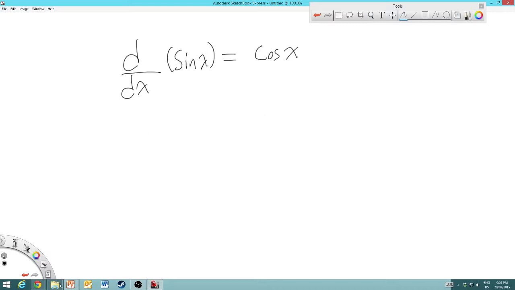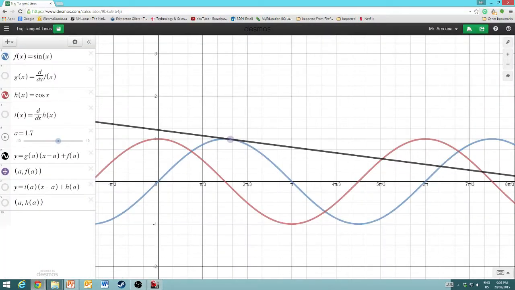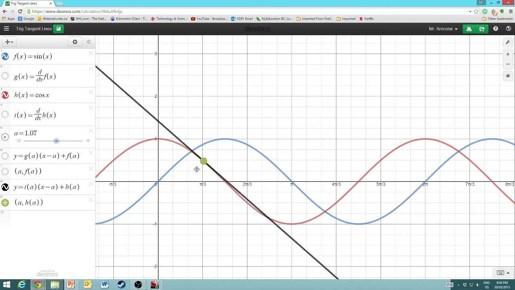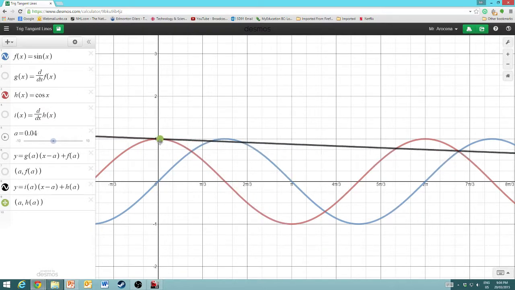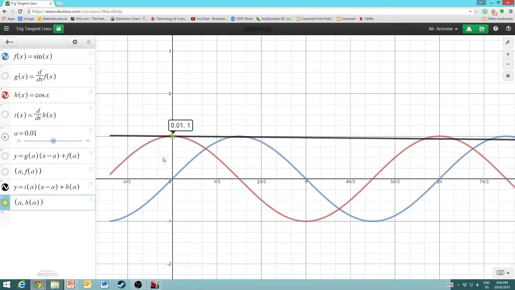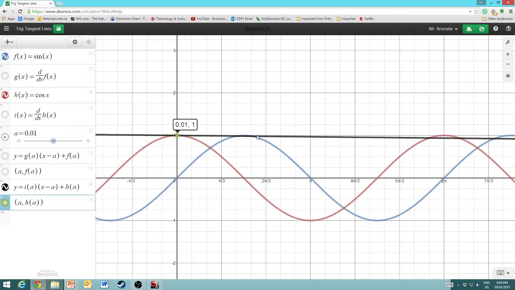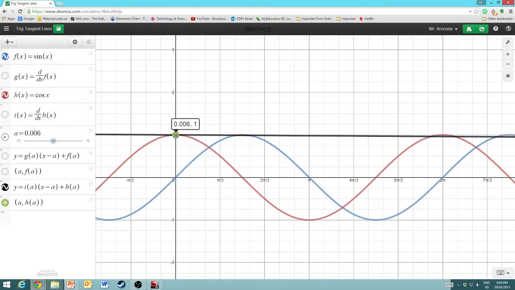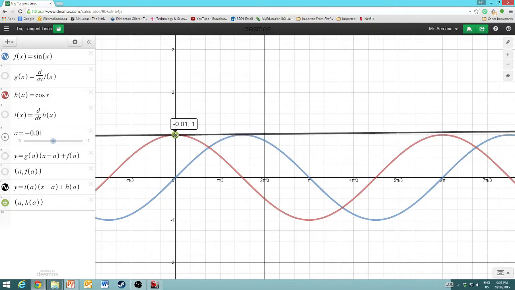Now, what about cosine? I'll leave the same graphs there. Here's cosine, and it's kind of similar. At x equals 0, the cosine graph has a tangent line with a slope of about 0.